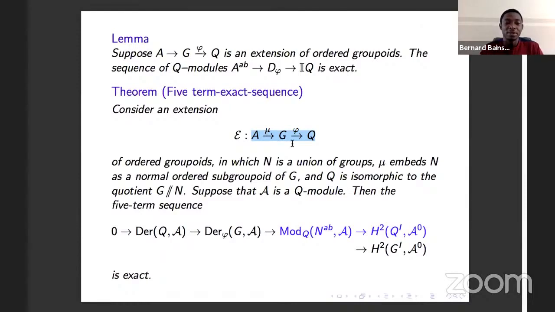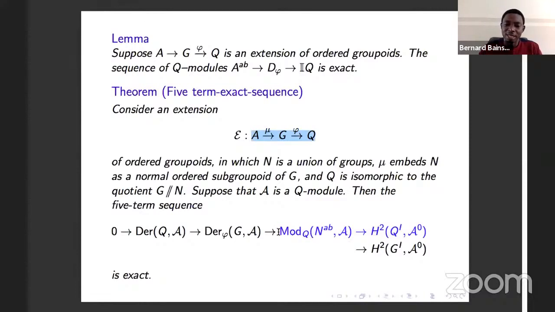So we say that given an extension epsilon, where N is a union of groups, and then mu embeds N into G, and then Q is isomorphic to the quotient of G by N. Suppose that A is a Q module, then we are able to find a 5-term exact sequence.